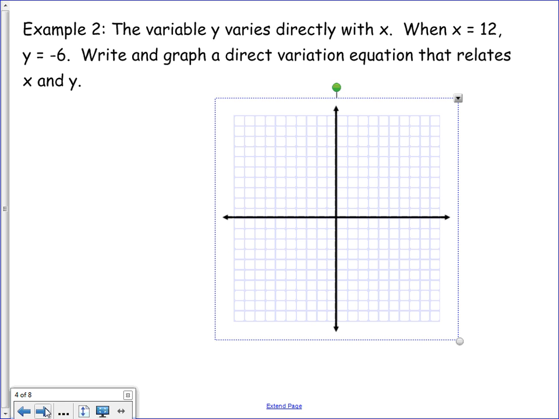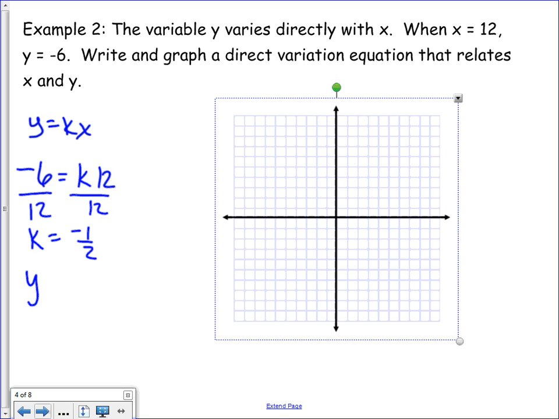A direct variation equation looks like this, y equals kx. Now we substitute in what we know: when y is -6, x is 12. So we divide by 12, and k equals -1/2. That equation will be y equals -1/2 x.